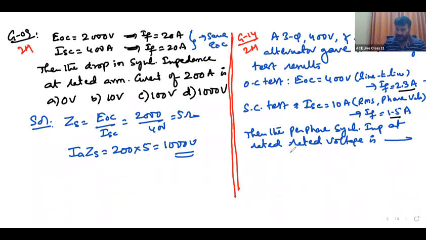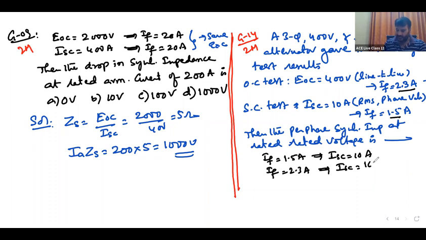So, ISC is equal to how much? 10 amperes at IF is equal to 1.5 amperes. This is given. But at IF is equal to 2.3 amperes, what should be the ISC?